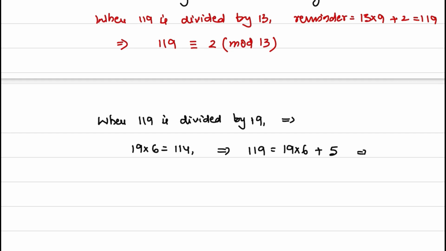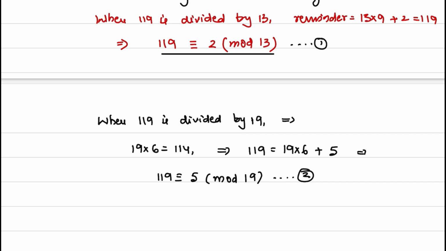That implies the remainder is 5 when 119 is divided by 19, because we have to see the combined effect of 13 and 19. 119 is equivalent to 5 mod 19. And 119 is 2 mod 13. This is equation 1 and this is equation 2. By using those two equations, we have to find out 119 to the power of 997 is how much.